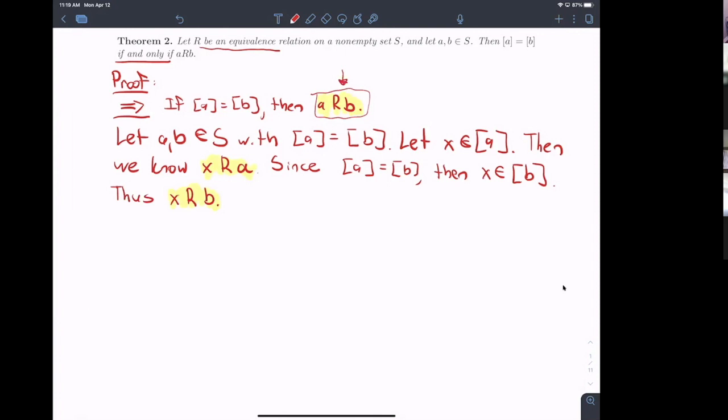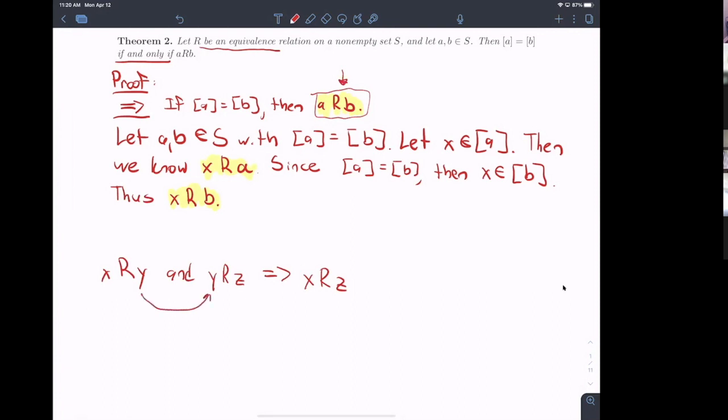So R is an equivalence relation, right? So we're going to use the transitive property. It seems like it would be useful here, but we need to be a little bit careful. The transitive property in general says that if X is related to Y and Y is related to Z, then X is related to Z.